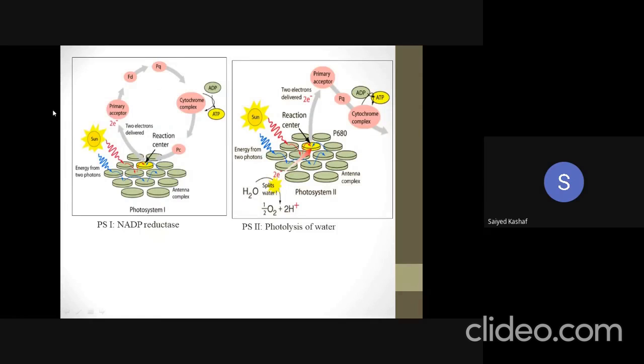When the light falls on the PS1 system, these accessory pigments capture the light energy in the form of photons and transfer that energy to the reaction center.